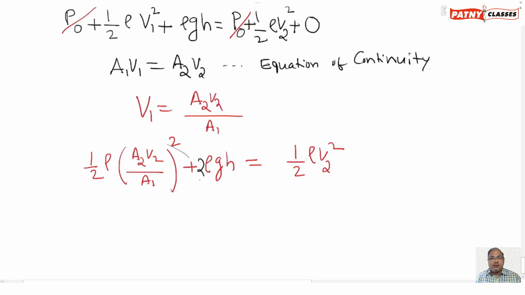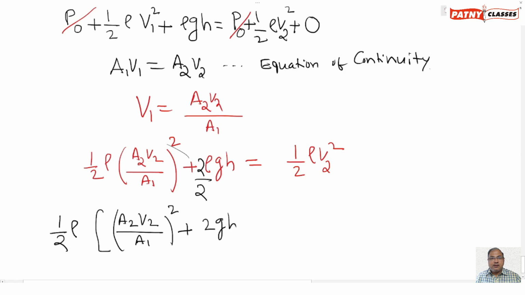Here multiplying and dividing by 2 and taking half rho common, what is left now is (A2 V2 divided by A1) whole square plus 2 g h equals V2 square, after cancelling half rho on both sides.